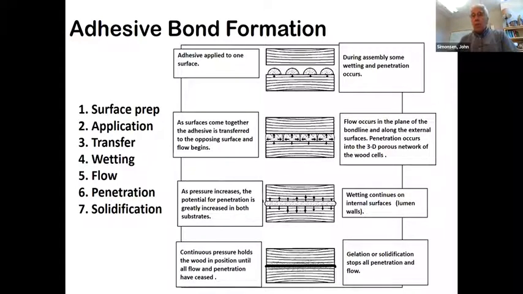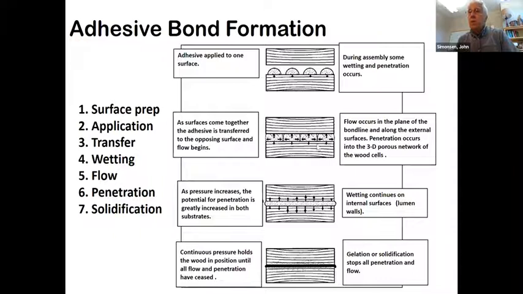And what we want from that is flow and penetration, right? So flow is very simply flow in the horizontal direction, because if it goes on as drops, as it does with particle board, MDF, and OSB, you're going to have drops, and you want it to flow, especially as you close the press.